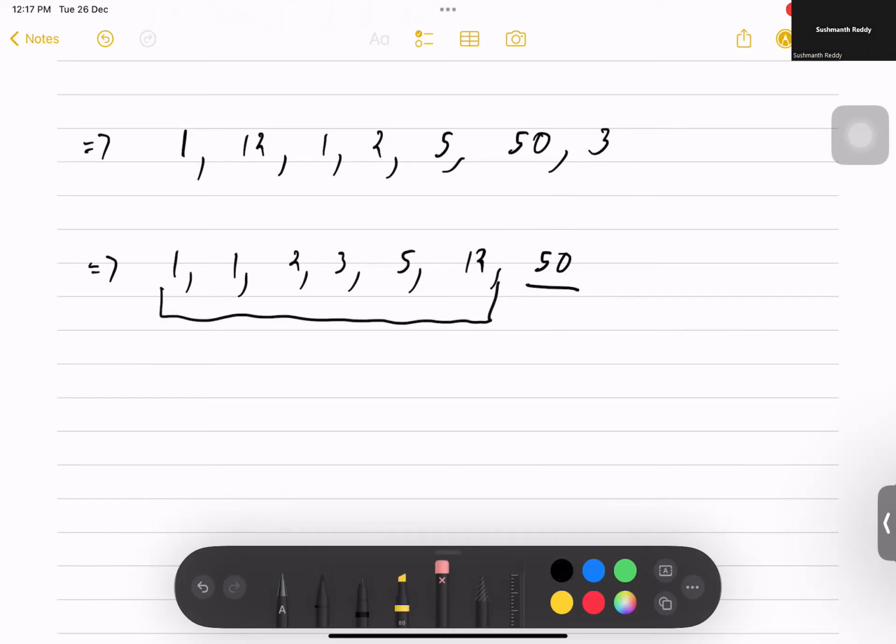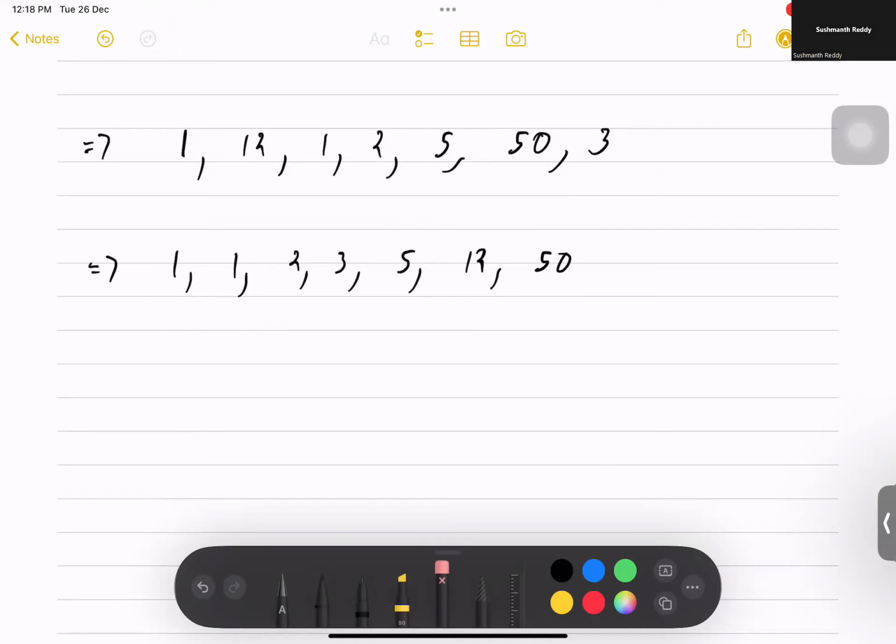Similarly, if 12 is the largest line segment in the polygon, then all these will get included. So we can observe that whatever we include for the smaller fixed line segment is a subset of what is included for the larger fixed line segment. That means if I fix this as my larger line segment, then all these will be included in our polygon.